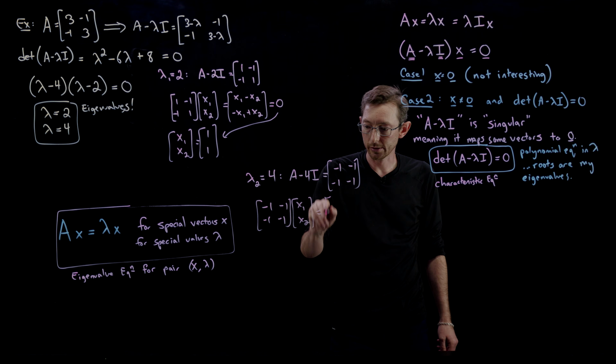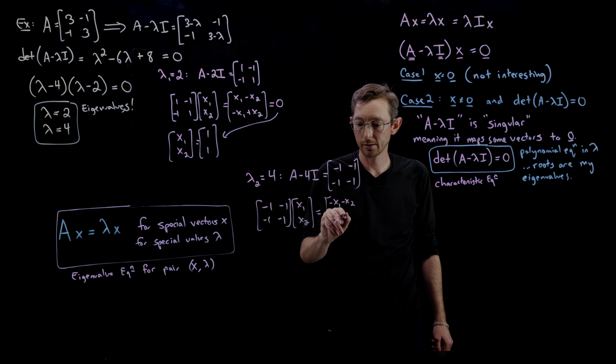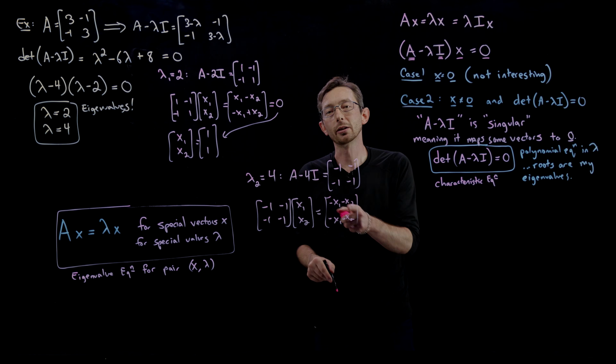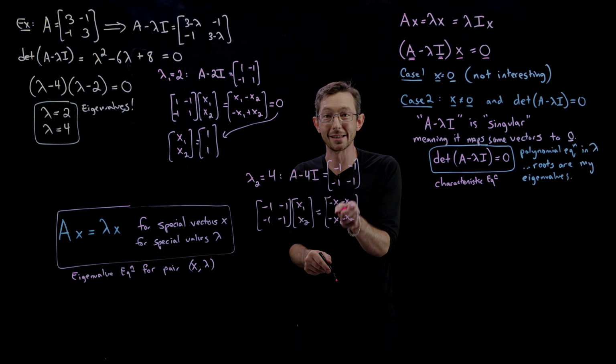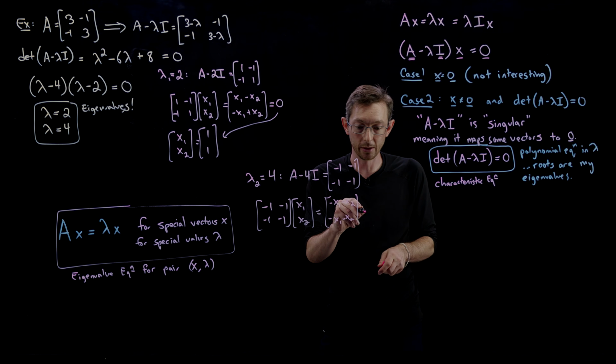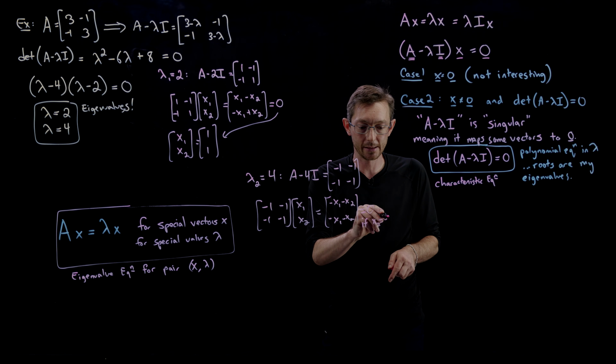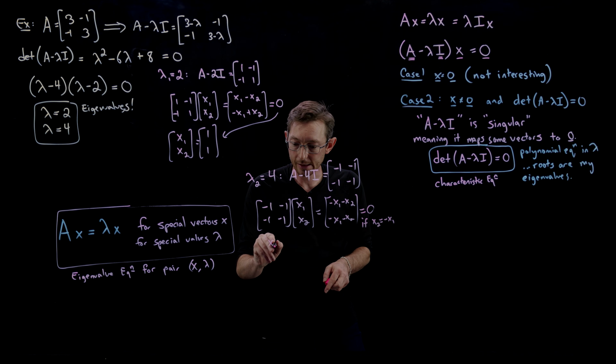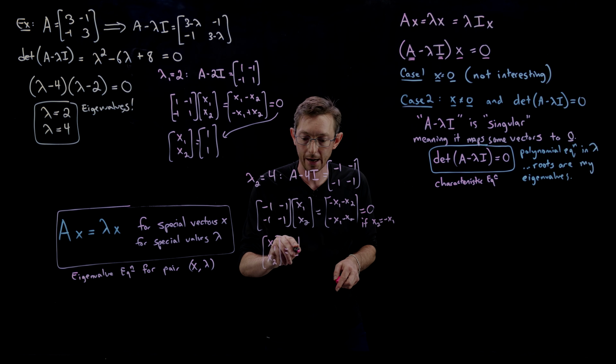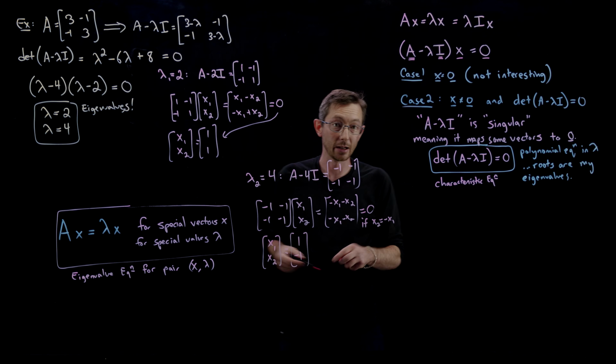That equals minus x1 minus x2, minus x1 minus x2. And so clearly here, as long as x2 is the opposite of x1, both of these will equal 0. This will equal 0 if x2 equals minus x1. And so I can say that x1, x2 equals 1, negative 1 is an eigenvector.